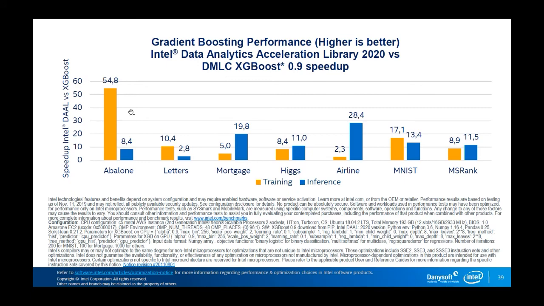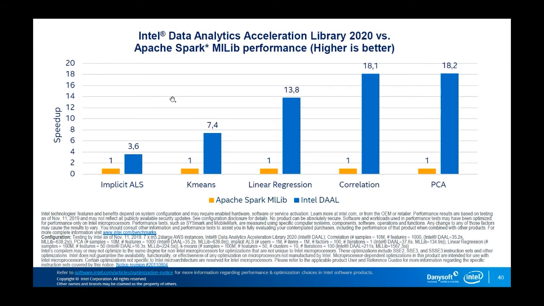Well, it is exactly the same using the distributed performance in comparison with Apache Spark. So the use of this data analytics library in a distributed way scales much better than the classical Apache Spark.